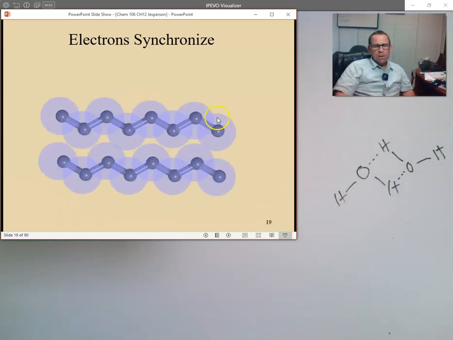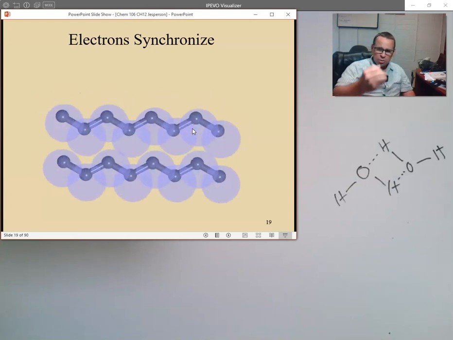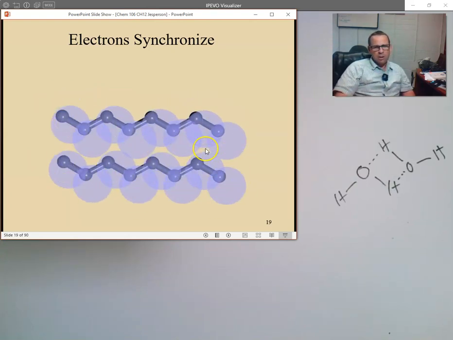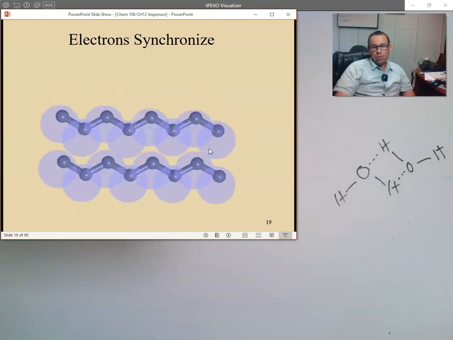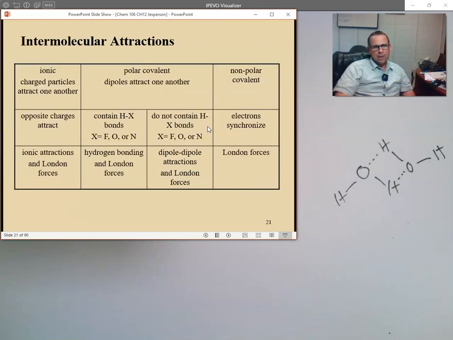So this doesn't necessarily happen exactly like this, but the idea is you can induce the movement of electron density and create this dipole by inducing it from one molecule to another.